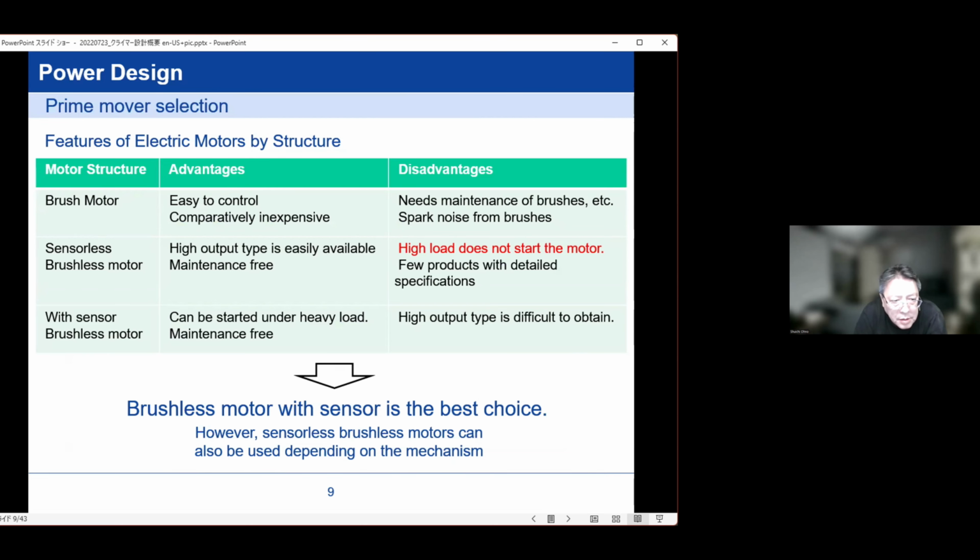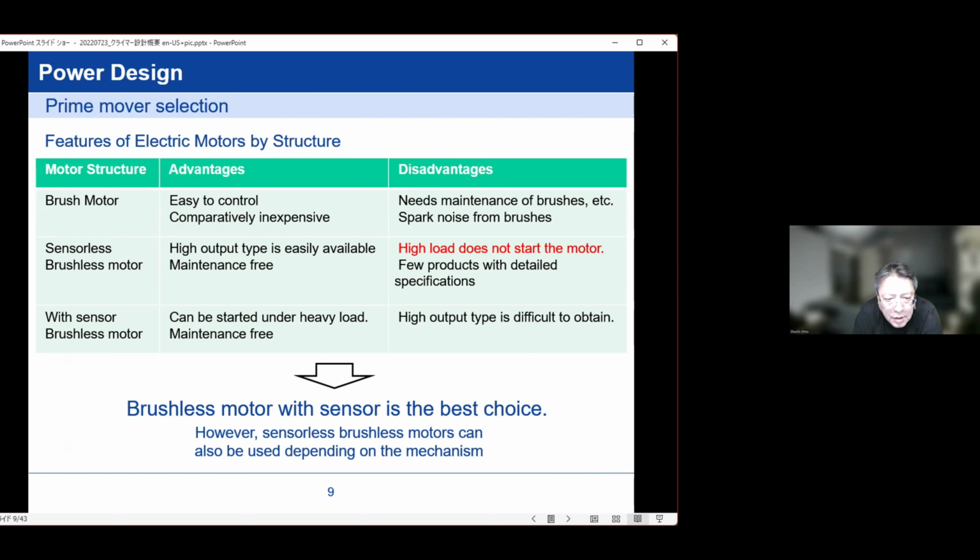Each has its advantages and disadvantages. In the case of the brush motor, it's very easy to control and has a simple structure in that it will rotate on its own if you apply voltage, and it's also very inexpensive.